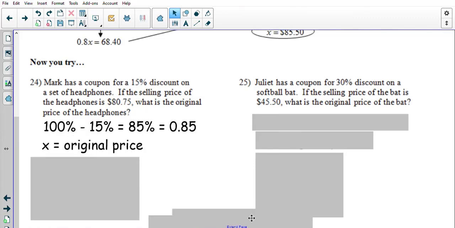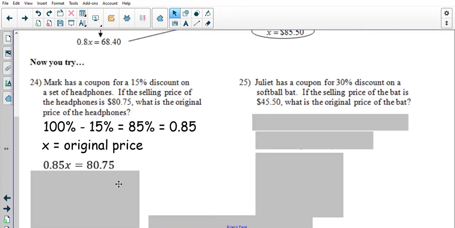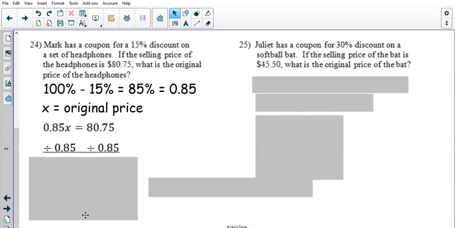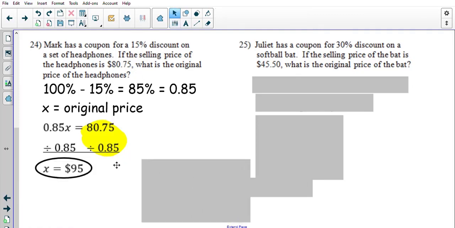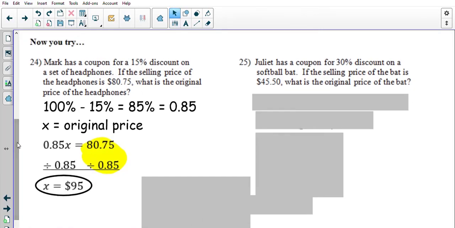If we let X equal the original price, we're going to take 0.85 times X, and that will get us the sale price of $80.75. The inverse of multiplying by 0.85 is to divide by 0.85. So in your calculators, you will calculate $80.75 divided by 0.85, and this will get us an original price of $95.